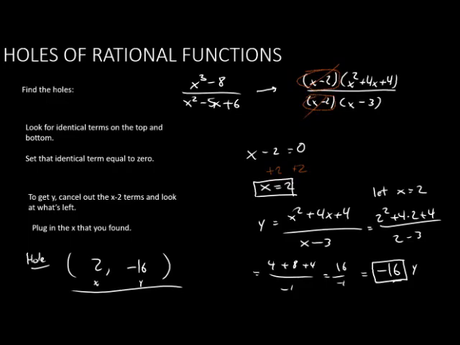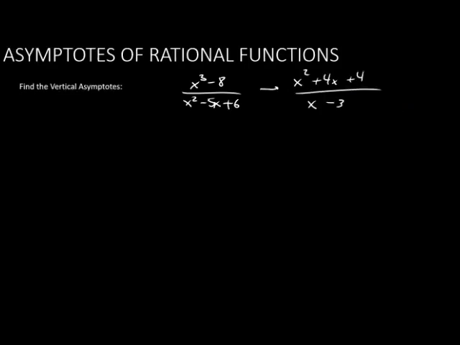To answer the next few parts of this question, we can use the simplified form of our rational function, that is, the factored form where we cancel out the x minus 2's. Here we can find the vertical asymptotes for our rational function. Remember that to find vertical asymptotes, we're going to set the bottom of the simplified form of our function equal to 0.